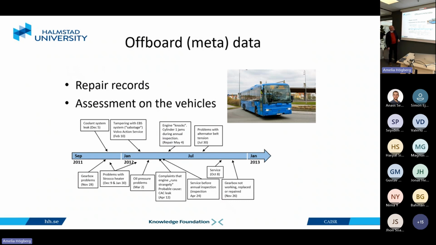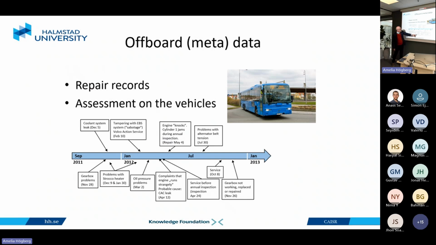So gearbox problems in November, a coolant system leak in December, problems with the cabin heater in December and January. It typically is not a problem that you see in the summer because you don't use it. There was some kind of tampering with the EBS system, so the Volvo Action Service had to go out and fix that. There were oil pressure problems, which might actually mark possible problems.